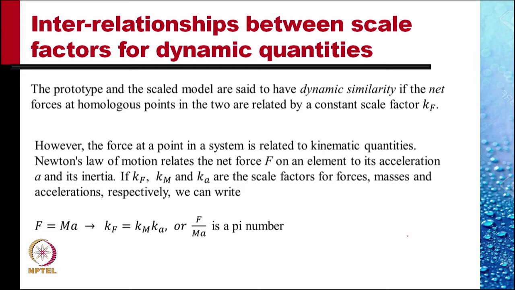Newton's law of motion relates the net force F on the element to its acceleration A and inertia. If Kf, Km, and Ka are the scale factors for forces, masses, and accelerations respectively, we can write F is equal to Ma, which gives us Kf is equal to Km into Ka, or converting into pi number, F divided by Ma is a pi number.